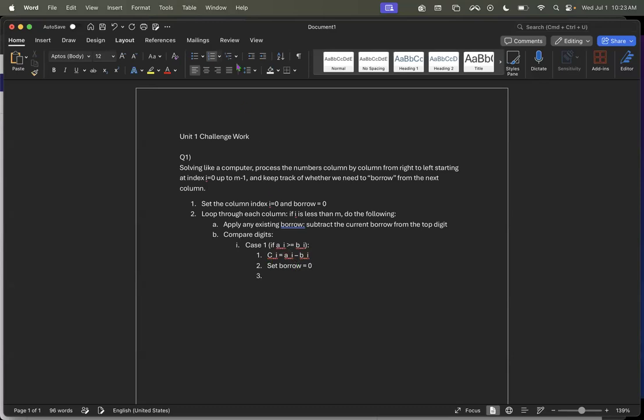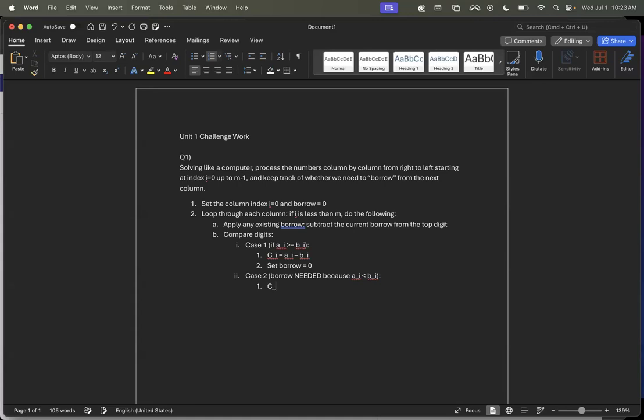Then we can go ahead and make case 2. Essentially, the borrow is needed because a sub i is less than b sub i. That is, if you have 12 minus 19, 2 minus 9, you cannot do that, so you'd have to borrow from the next column over.